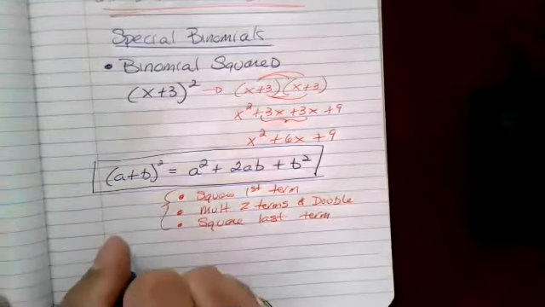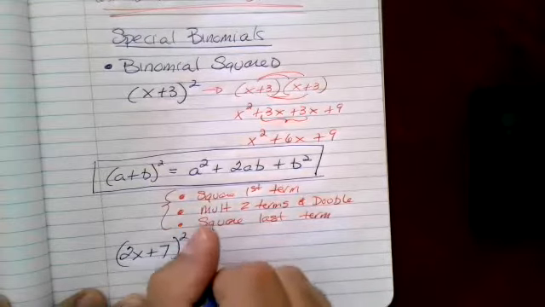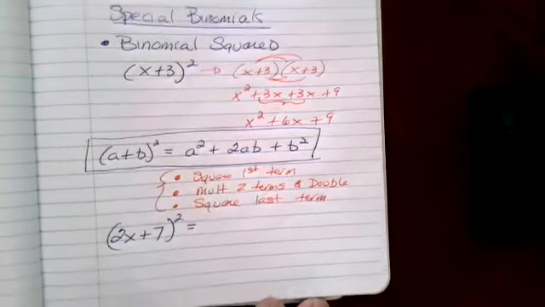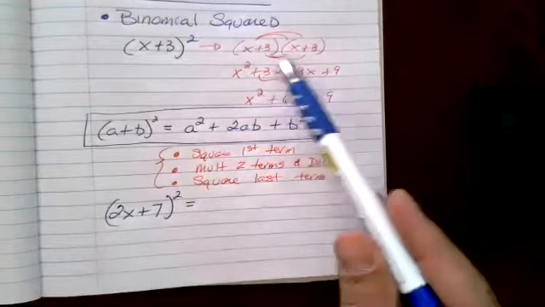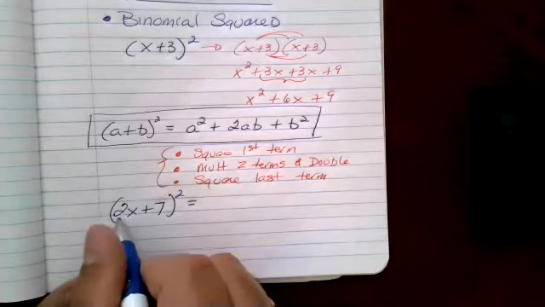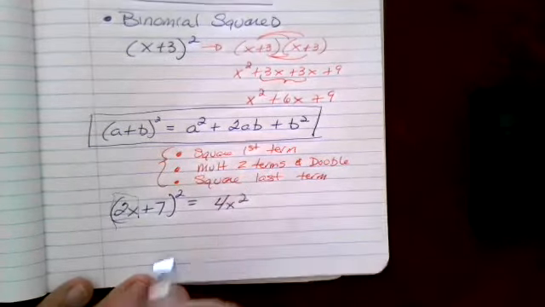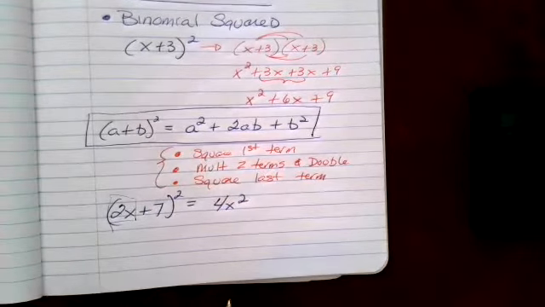So if I have something like 2x plus 7 squared, instead of expanding it like this, I could just square my first term, which will give me 4x squared. 2x times 2x is 4x squared.